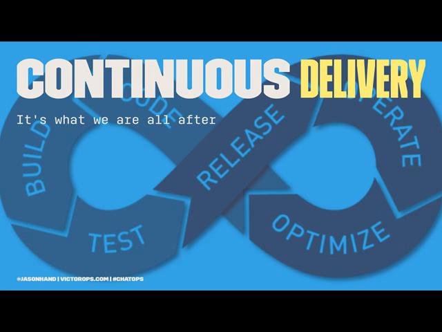So there's this idea that continuous delivery is sort of what we're all after. In a lot of cases, folks tend to use interchangeably the idea of DevOps and continuous delivery. And for sure, those who have reached a point where they can do some sort of continuous delivery, it's fair to say that not only have they adopted and gotten really good at their agile development, but also the ideas of DevOps.